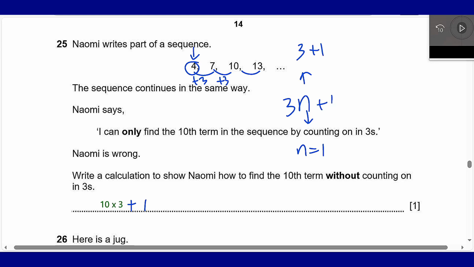So 3n plus 1 will give us the nth term of this sequence. So for the 10th term we replace the n with 10. So 3 times 10 or 10 times 3 plus 1. Alright, let's move on. 26.